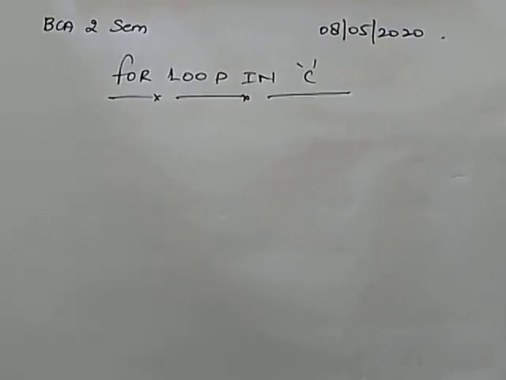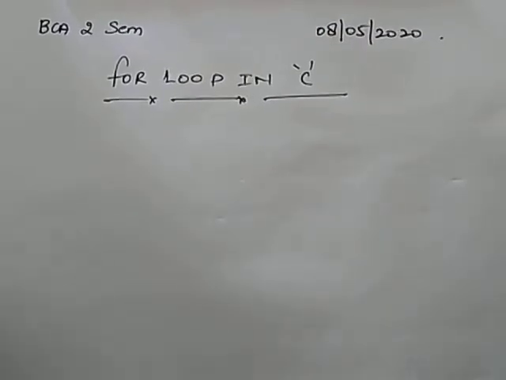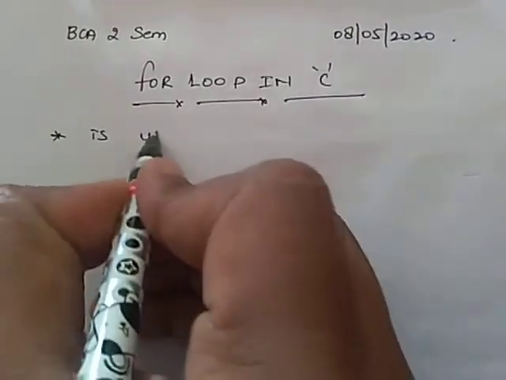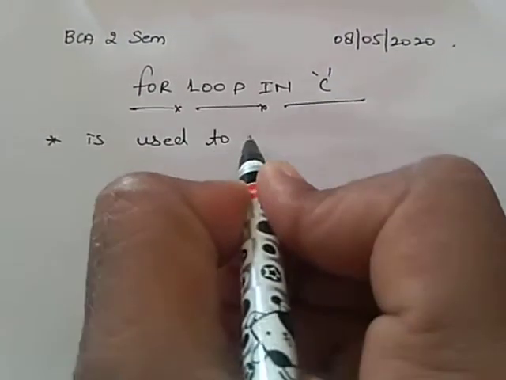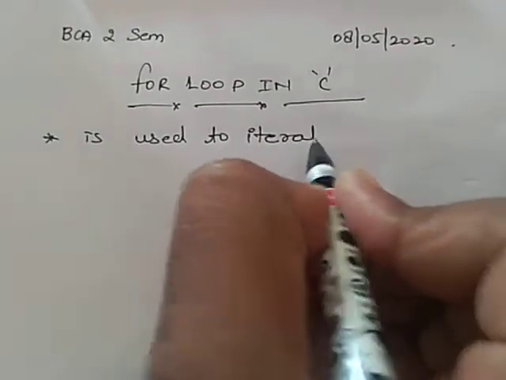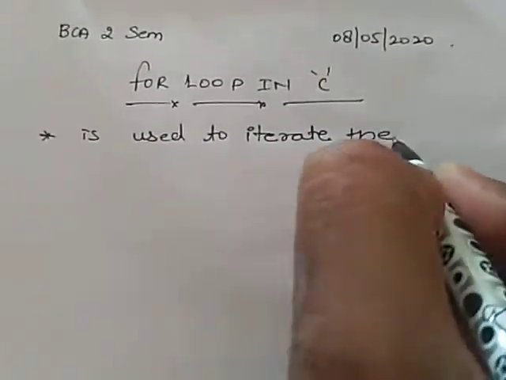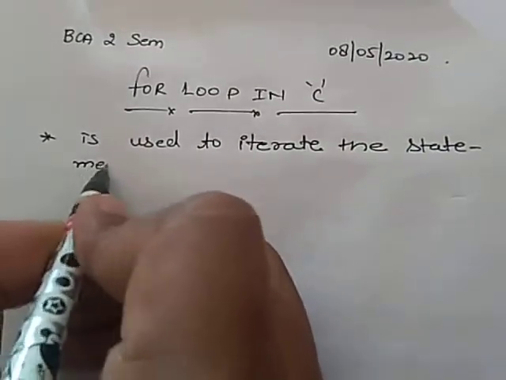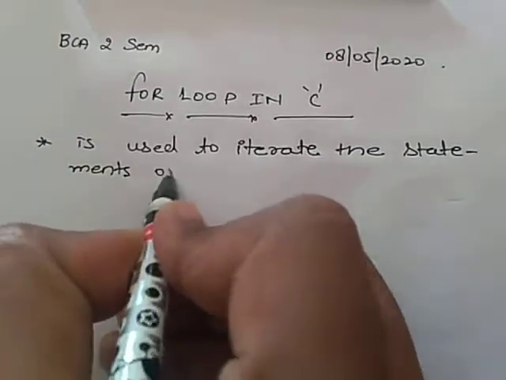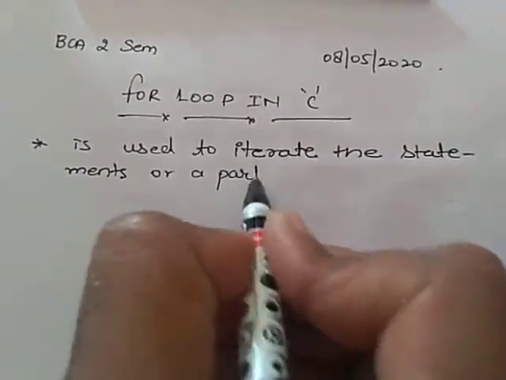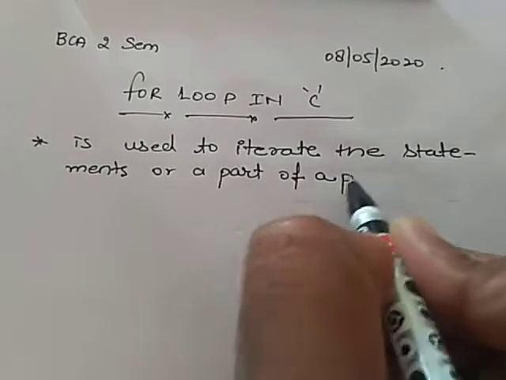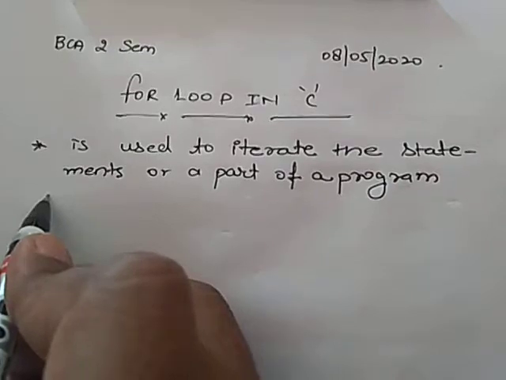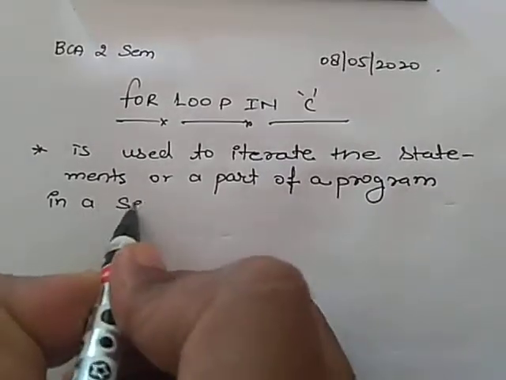Today we will study the for loop in C language. Now, the for loop is used to iterate the statements or a part of a program several times.